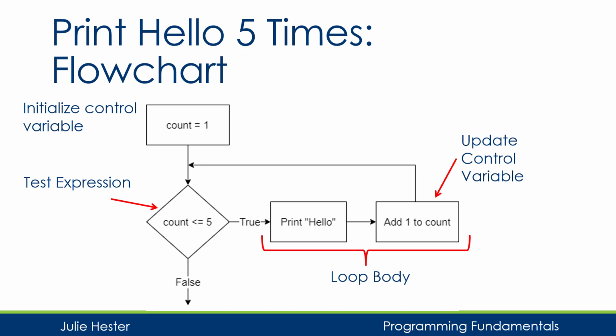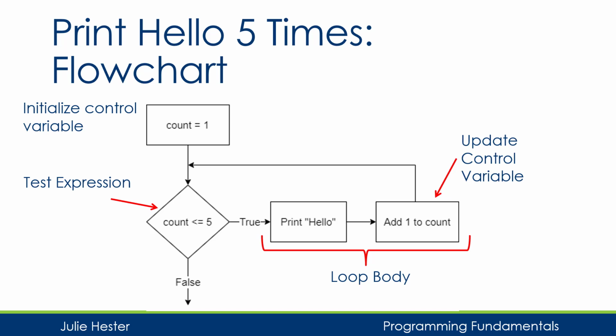I come back to the test expression, and I'm going to do this over and over until count has a value of 6. And after I've executed this loop body 5 times, count's value is 6. I'm going to compare count to 5. It's no longer less than or equal to 5.